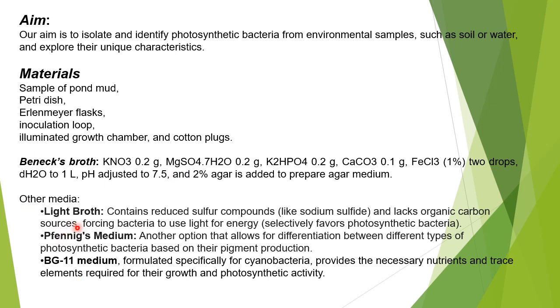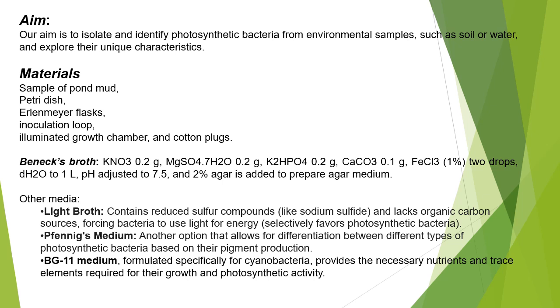Others are Larsen's broth, Pfennig's medium, and BG11. Now BG11 is commonly used for cyanobacteria. BG stands for blue green, blue green algae, that is cyanobacteria. BG11 with nitrogen source, without nitrogen source, different compositions are present. So you can try those specifically for cyanobacterial isolation.